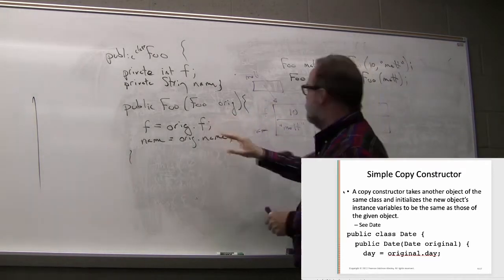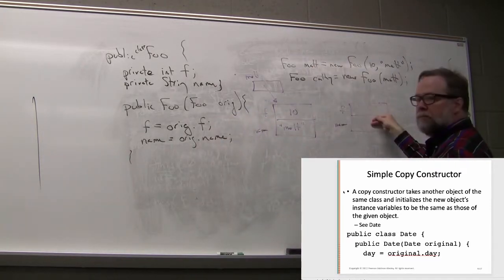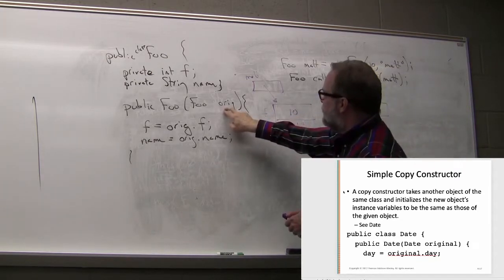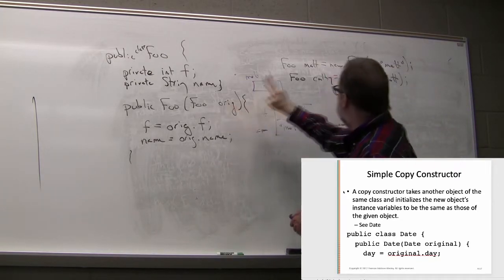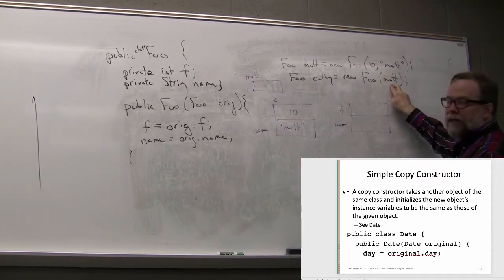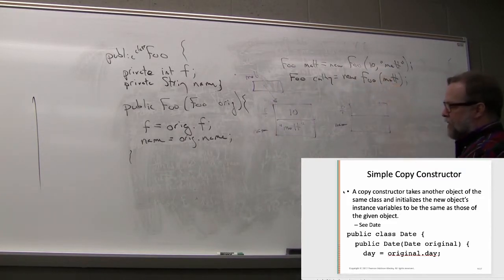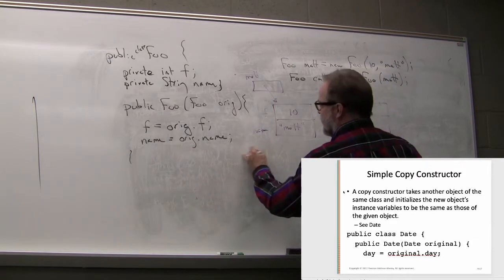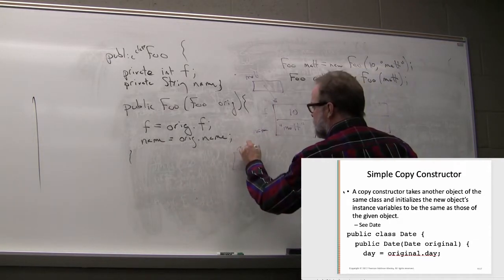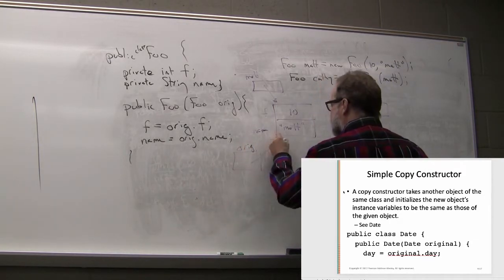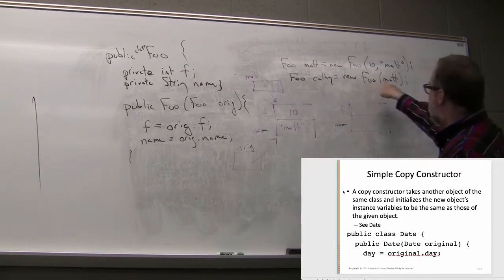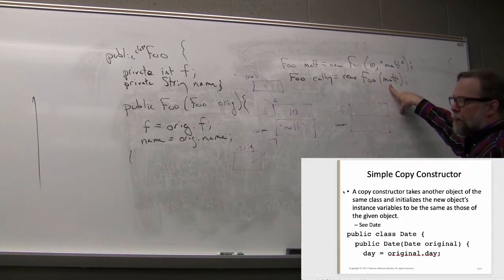My job is to fill in these two boxes. So orig, this parameter here, is mapped to this argument over here, Matt. Just to make it explicit, orig is pointing to the same chunk of memory that Matt is pointing to.